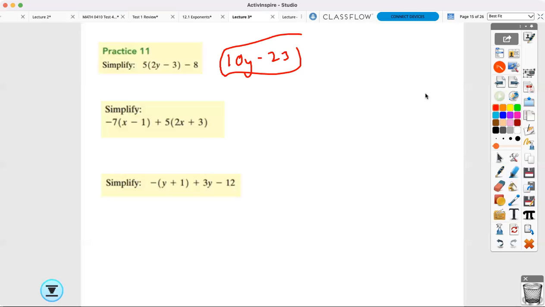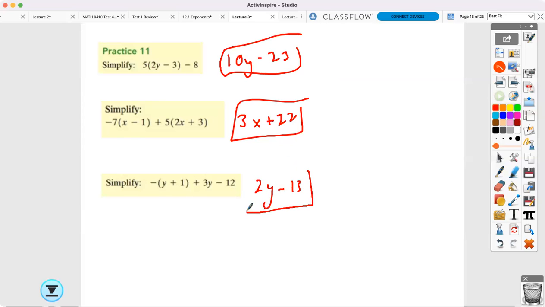Excellent, guys. For those of you who got 3x plus 22, that is correct. All right, what about the last one, class? So we got 2y minus 13.